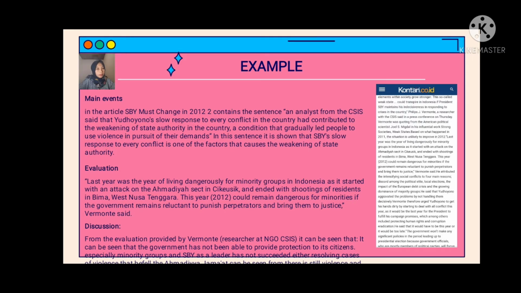And then here we have comments. Still in the same article, there are comments from sources that contain evaluation and prediction of SBY. Here there is an evaluation.